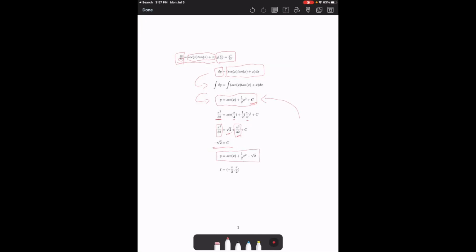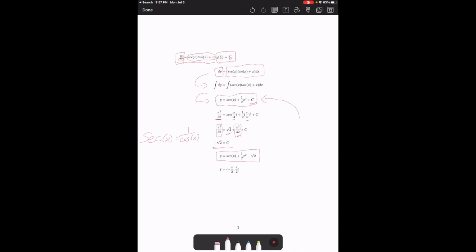But recall that sometimes these solutions aren't just true for all numbers. In this case, since secant of x is equal to 1 over cos x, we don't want cos x to ever equal 0, because then we would be dividing by 0.